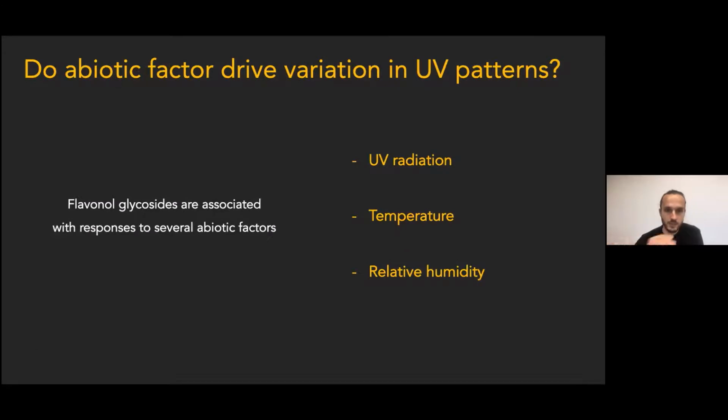And as I said before, flavonoid glycosides, the pigments that are responsible for UV pigmentation in sunflower inflorescences, have also been associated with responses to a number of abiotic stresses, so abiotic factors. And we looked in particular at 3 of them for different reasons, and these are UV radiation, temperature, and relative humidity.